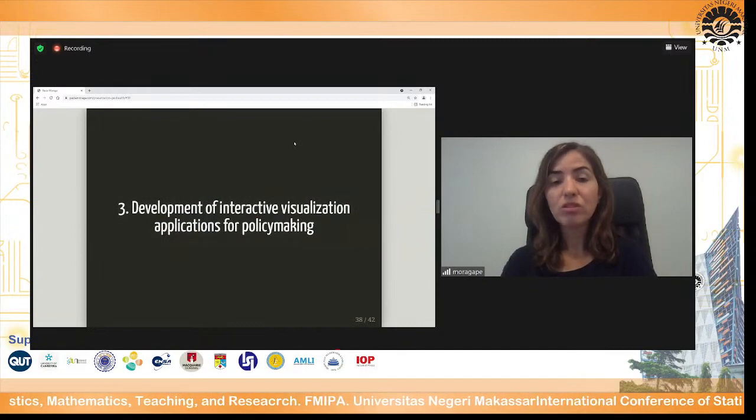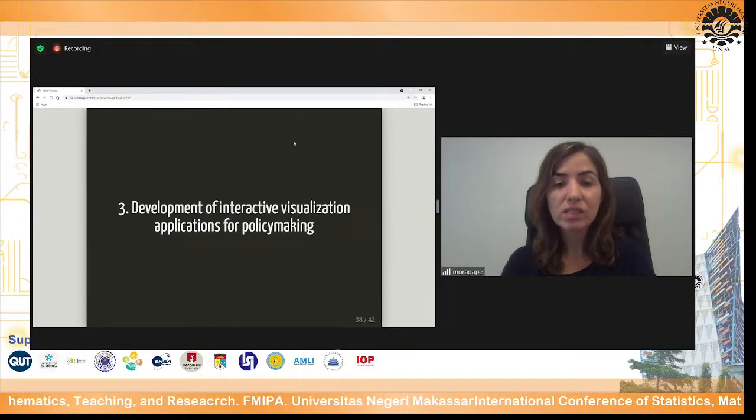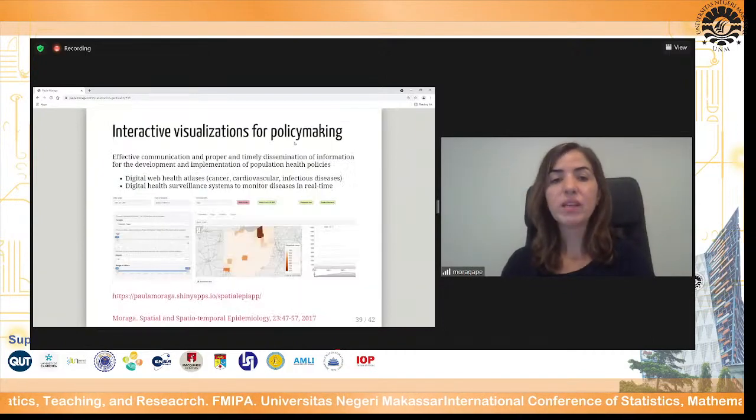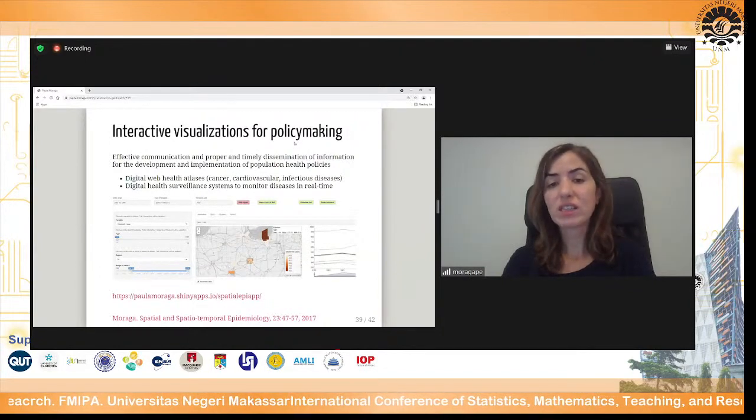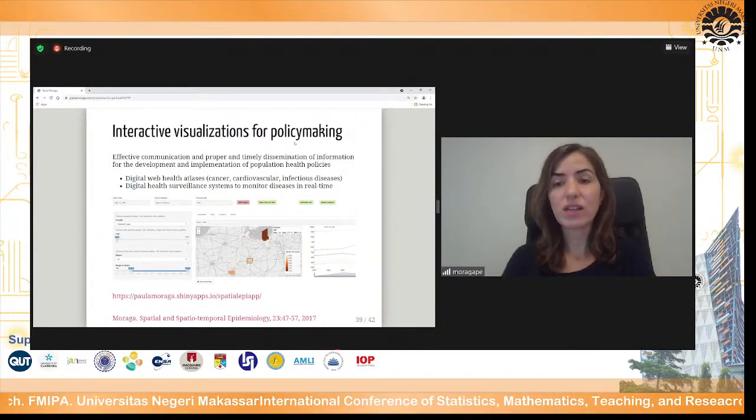And finally, I'm also interested in the development of interactive visualization applications for policymaking, in particular, digital web health atlases of cancer, cardiovascular or infectious diseases, and also digital health surveillance systems to monitor diseases in real time.